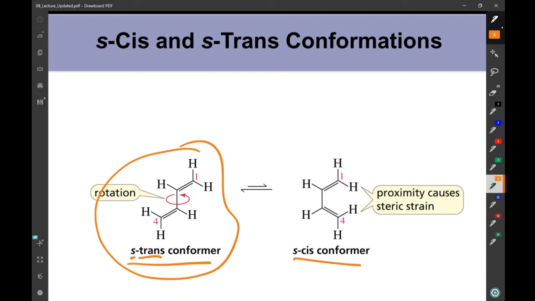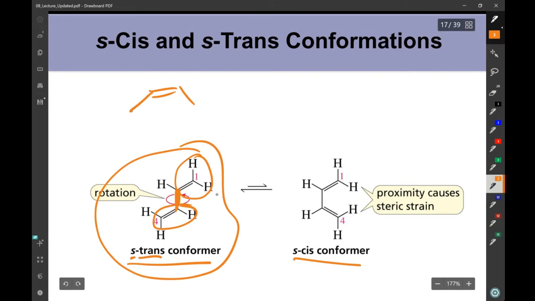A trans structure is about a double bond, whereas here we are looking at a single bond. If you look at that particular single bond, you will notice that the bulky groups are arranged trans to each other. A normal trans structure is about a double bond, so we refer to this as an S-trans structure because it's technically not a trans, but it looks like one.